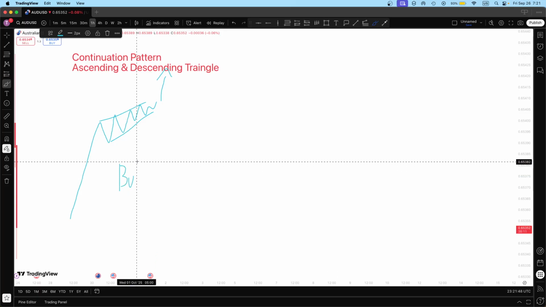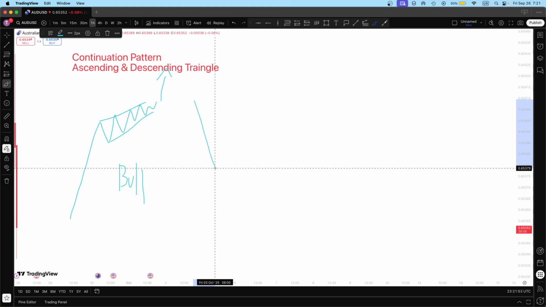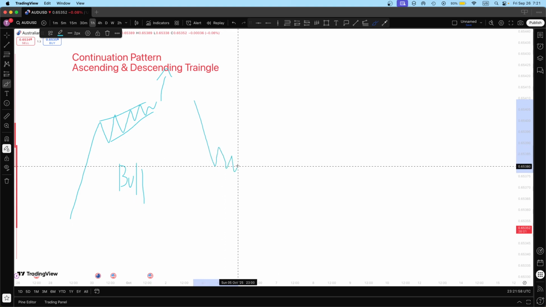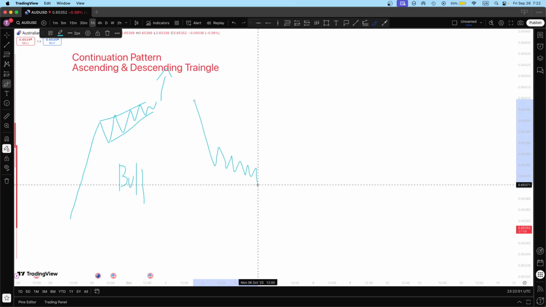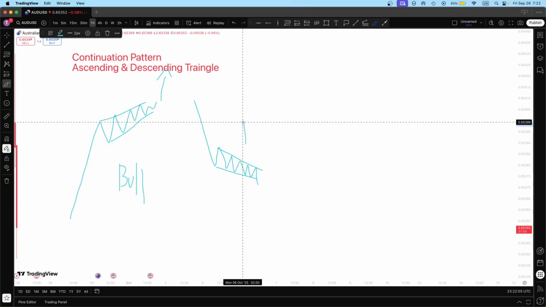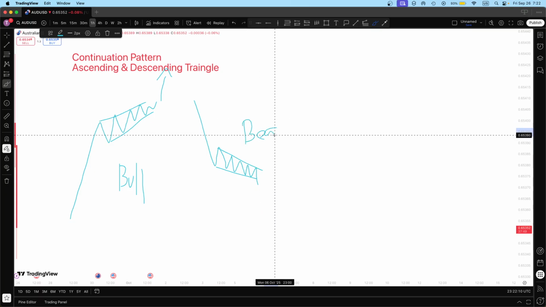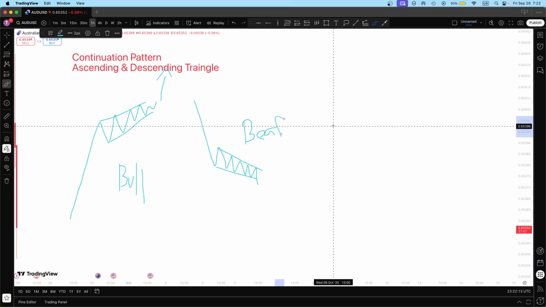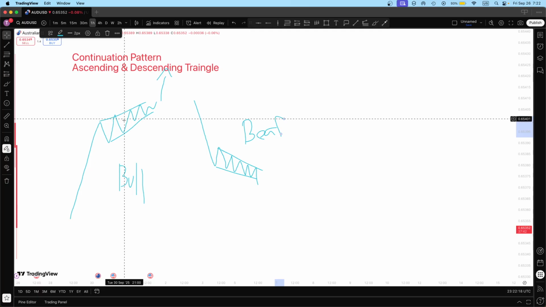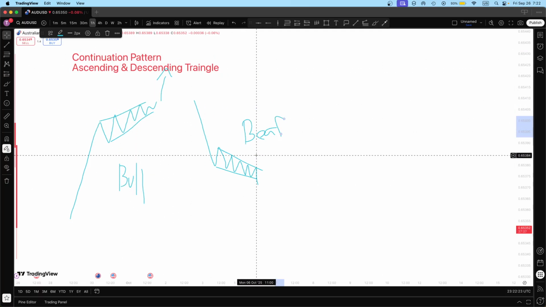For bearish, it's an impulsive move, and then the corrective is something like this, descending. So this is bear. Sorry for the handwriting. So the market is going up, and then it ascends slowly higher, and this is bullish, this is bearish.